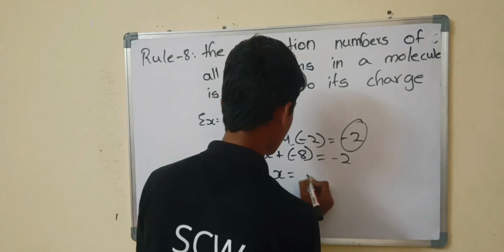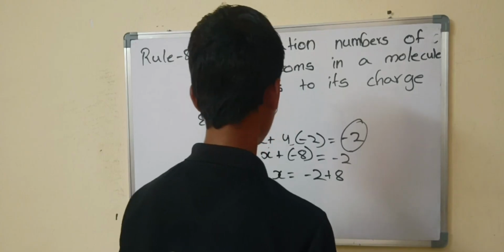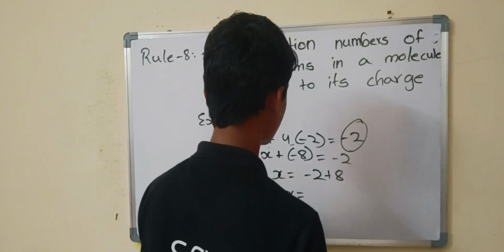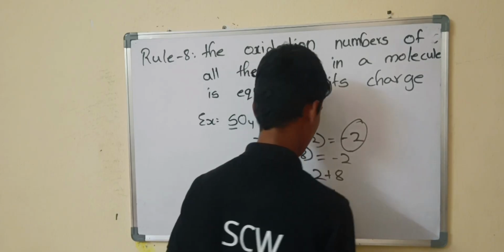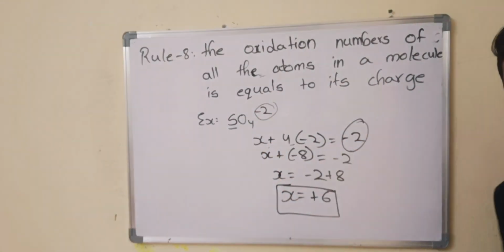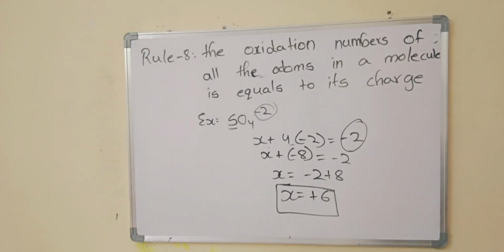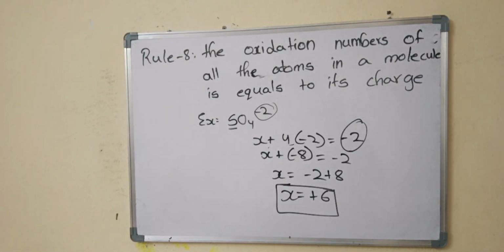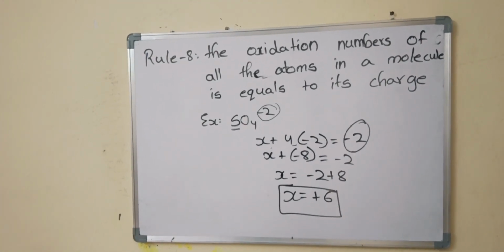Then X is equal to minus 2 plus 8. Then the sulfur oxidation number is plus 6. In SO4 minus 2, what is the sulfur oxidation number? Sulfur oxidation number is plus 6. Remember, in SO4 minus 2, sulfur oxidation number is plus 6. Clear? Did you note it?